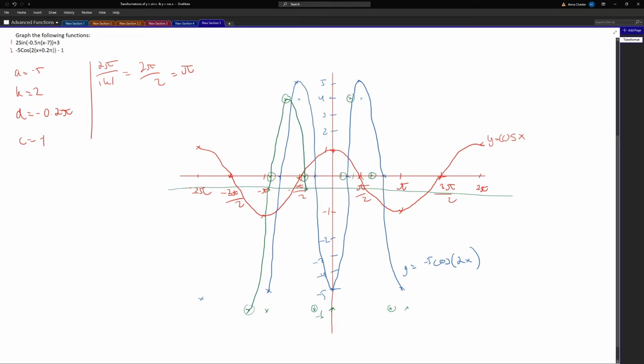There we go, cross that line, go to our new lowest point, come back up, reach our maximum. And then reach our second. There we go. So this is y equals -5 cos 2x plus 0.2 pi minus 1.